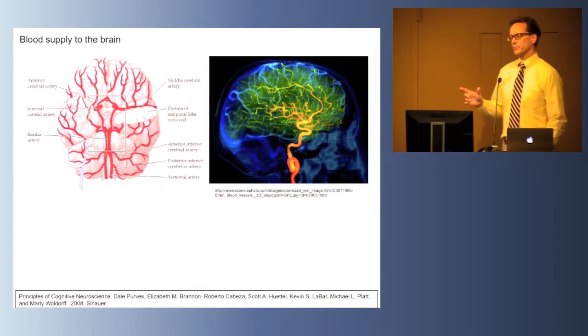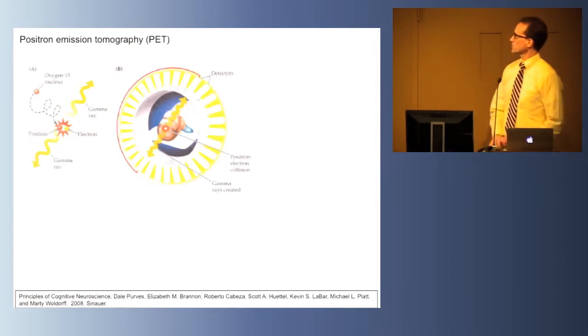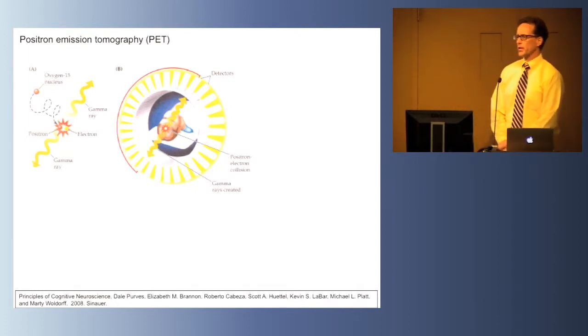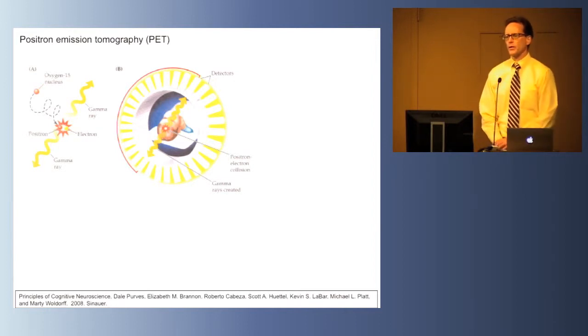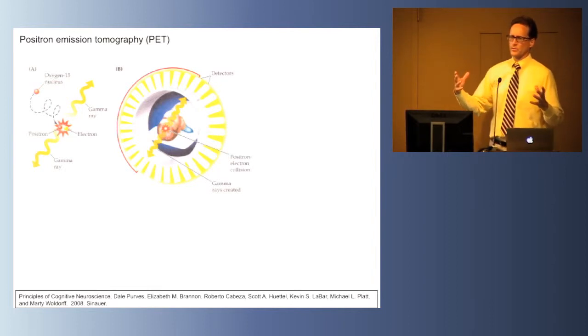The connection between nerve function and blood oxygen supply is at the basis of other techniques used to monitor brain function. The first we'll talk about, and the first that was developed, is positron emission tomography. Let's break down this complex phrase. Tomography you've seen before. Remember computed tomography of the X-ray? Tomography is the idea of combining a bunch of two-dimensional images into a three-dimensional representation.